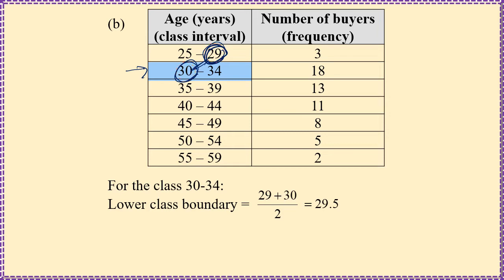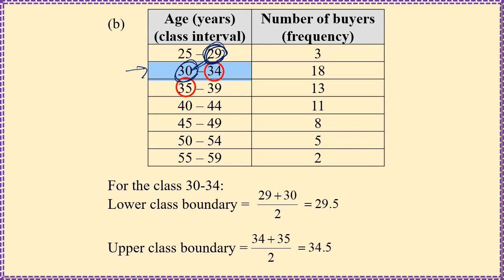How about the upper class boundary? The upper class limit of the class is 34, and the lower class limit of the next class is 35. So we add 34 and 35 and then divide by 2, which is equal to 34.5.